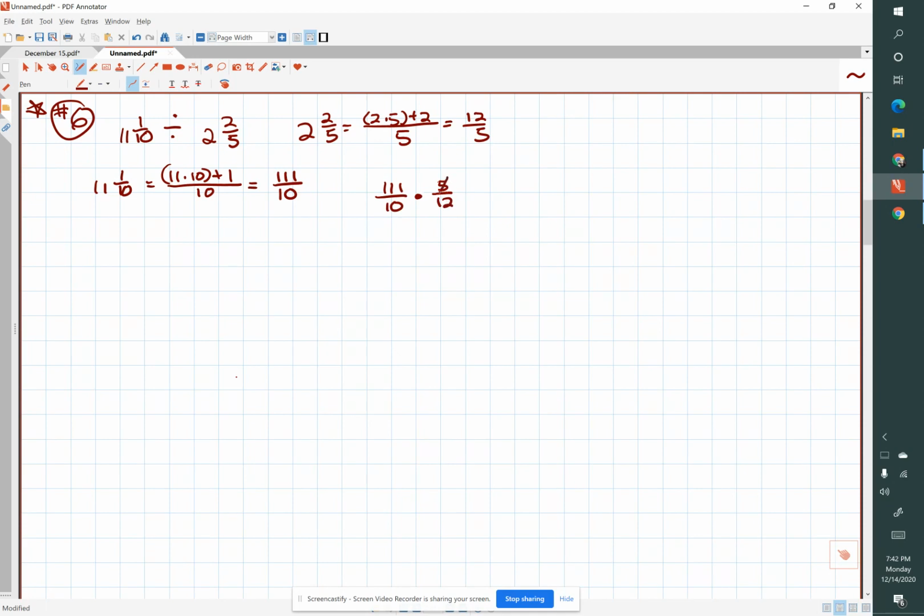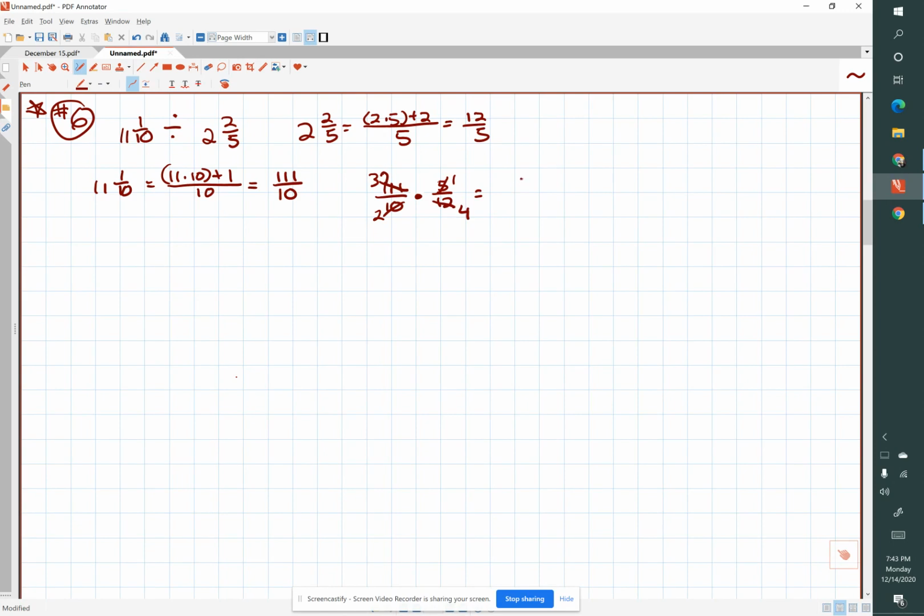So 5 divided by 5 is 1. 10 divided by 5 is 2. And see if 111 is divisible by anything that 12 is also divisible by. Yeah, 3. We can divide 12 by 3 is 4. 111 divided by 3 is 37.